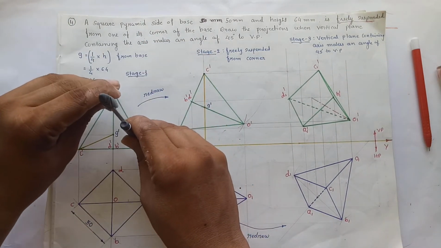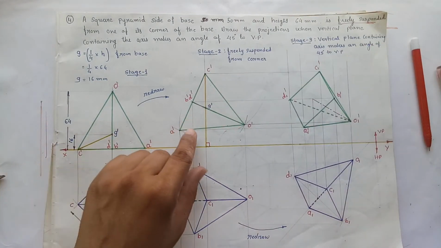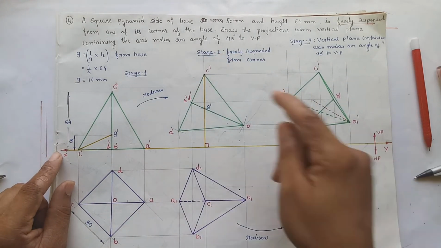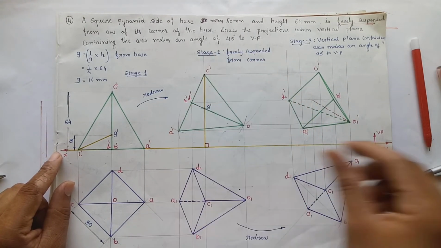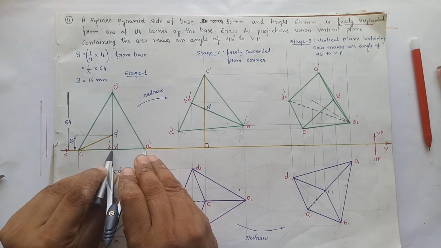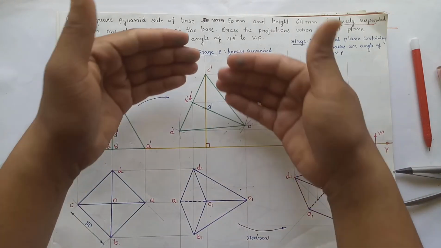So measure O dash to A dash and give an arc from O dash to A dash. And copy this figure O dash, C dash, A dash. And on the line A dash, C dash, mark the points B dash and D dash also, and copy this figure over here.